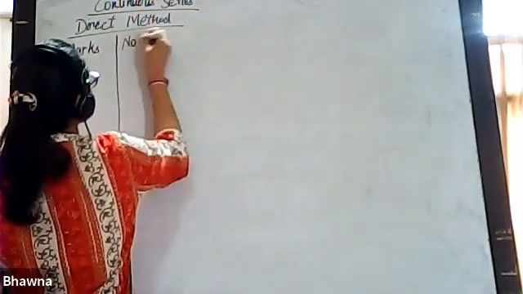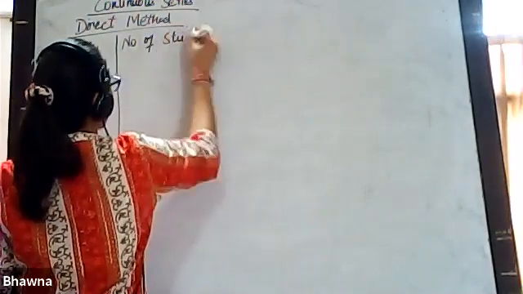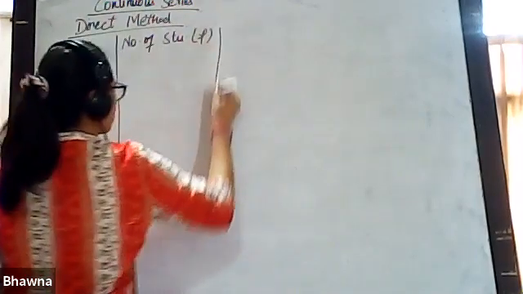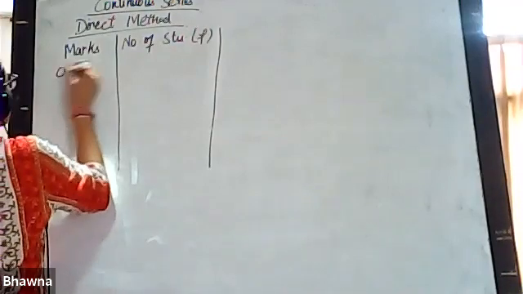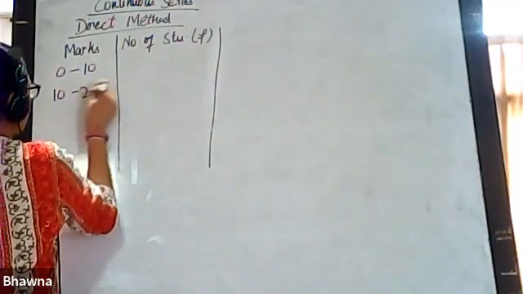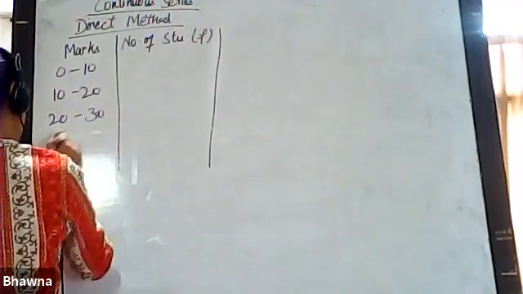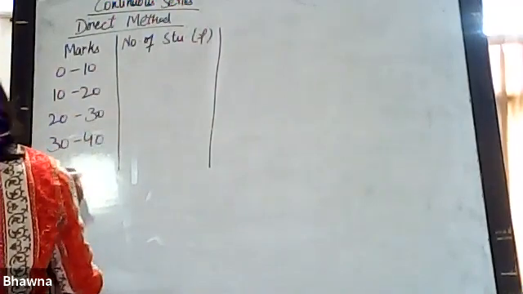Firstly, we have to give the marks. After that, the number of students, and this is denoted by F. And the values are here: 0 to 10 class interval, 10 to 20, 20 to 30, 30 to 40, and 40 to 50.